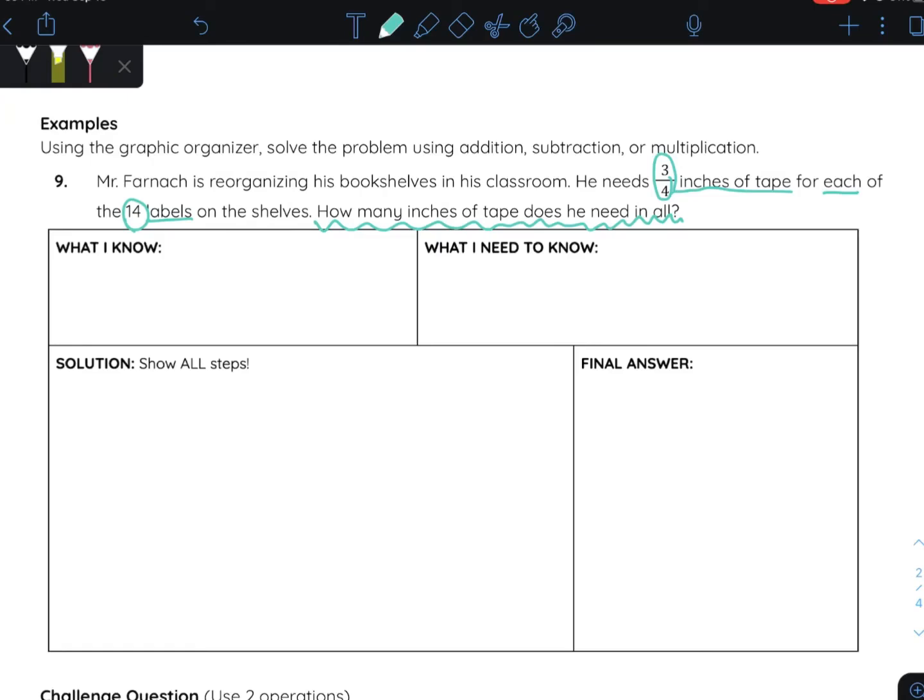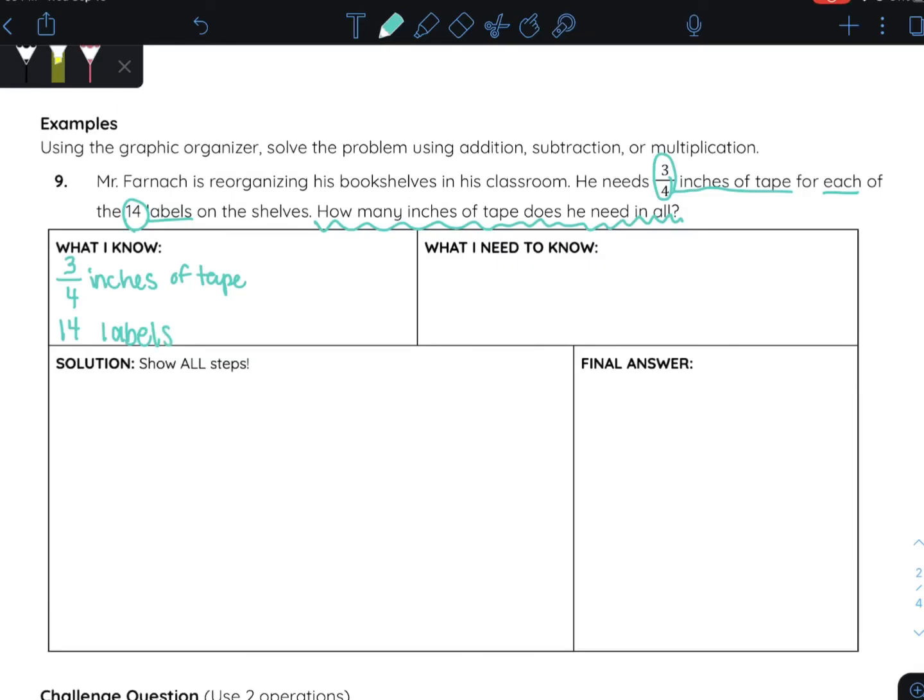All right, let's take our annotations, so our circled numbers and our underlined words, and put them into the organizer. So what we know 3/4, and checking back my label says inches of tape. And we know there's 14 labels.